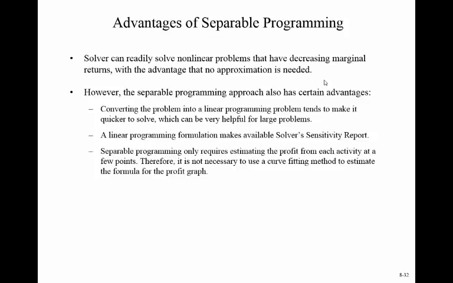It converts it to a linear programming problem, which is easier to solve, and it guarantees optimality for that problem that you solve. It also allows you to use Solver's sensitivity report, which is much more reliable when you're solving a linear program than when you are solving, say, a nonlinear programming problem.